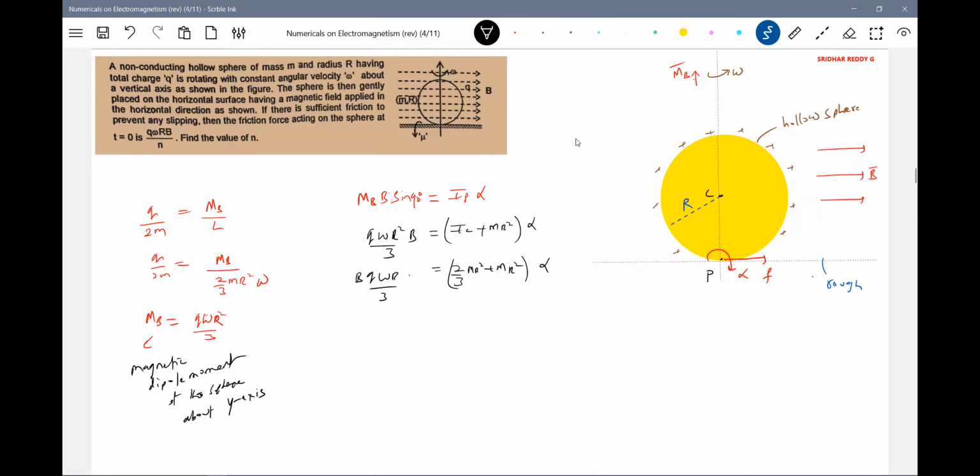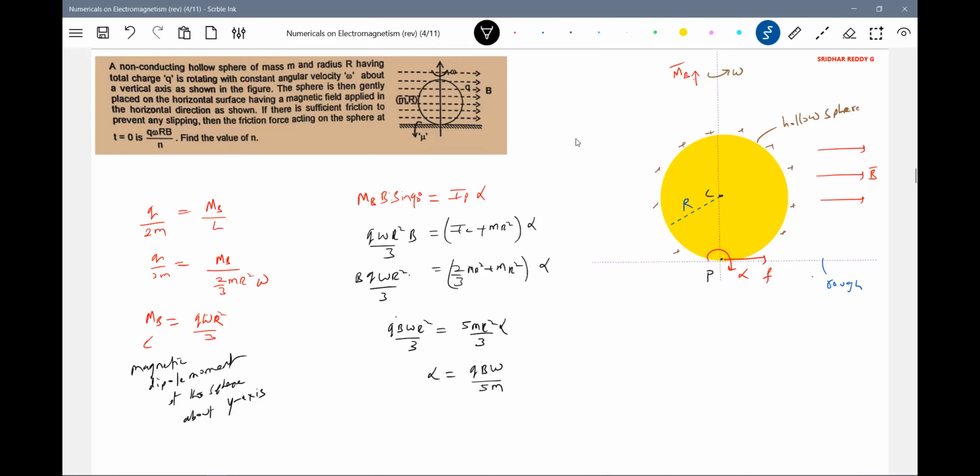So q b omega r square by 3 equals 5 m r square by 3 into alpha. I'll get that instantaneous angular acceleration. This should be equal to q b omega by 5m.